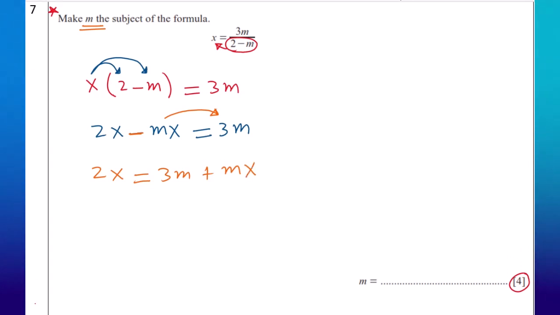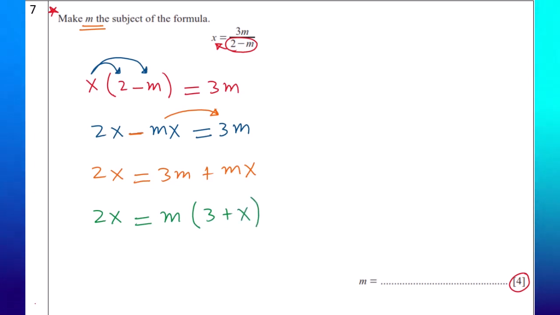From here, I think you got the idea that we will take m common. So what is left? 3 plus x. We don't want this factor on this side. We want to separate m. So we will shift this factor to the other side and divide with 3 plus x.